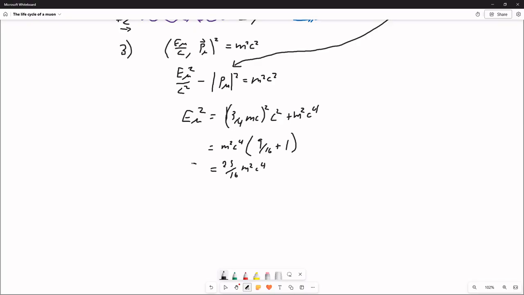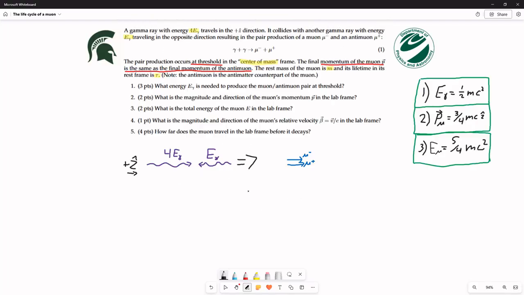This is still equal to E mu squared, so we want to take the square root of everything and get our final answer of E mu is 5/4 mc squared. Perfect. Now we can take a look at number 4.